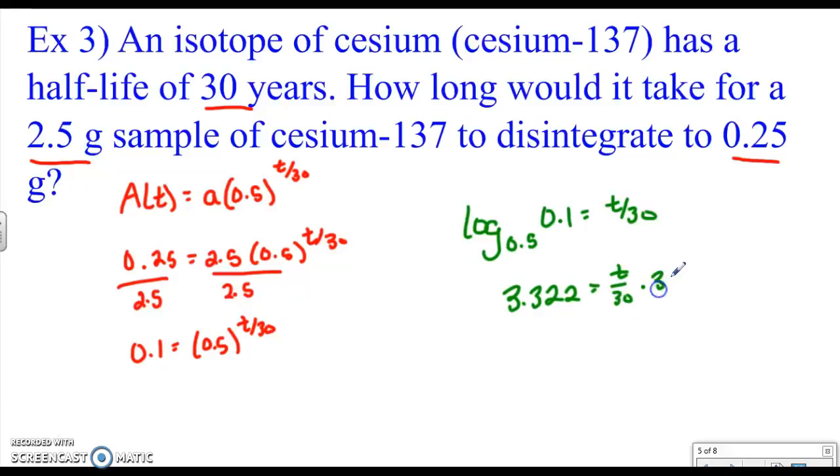And to actually find out how long it takes, we're going to multiply by the half-life, so times 30 on both sides. So we get about 100 years. So this is 99.66 years.